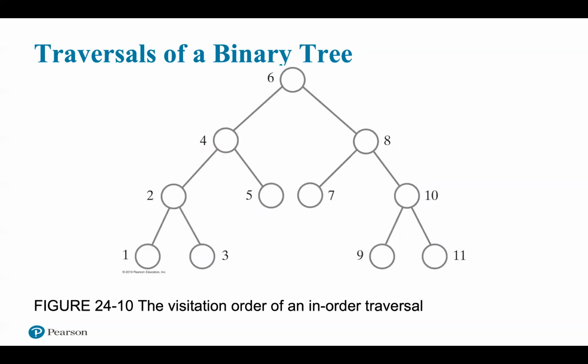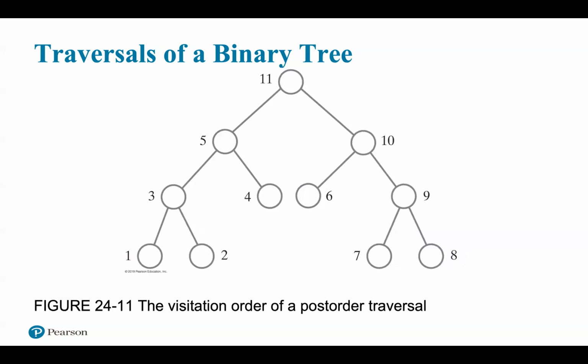Here, the numbers on the nodes show the order in which an in-order traversal visits them. Recursively visiting the nodes in the left subtree results in visiting the leftmost leaf first. We visit the leaf's parent next, and then the parent's right child. We visit the tree's root after we have visited all of the nodes in the root's left subtree. Finally, we visit the nodes in the root's right subtree in this recursive manner.